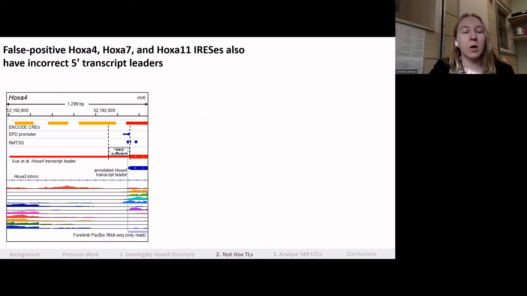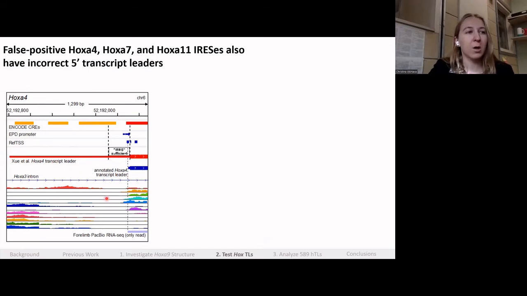And consistent with our reporter results, we saw that the other putative IRESes were also incorrectly annotated. For example, here is an IGV screenshot of the HOXA4 transcript leader. So in Zhu et al., they annotated this much longer HOXA4 transcript leader.